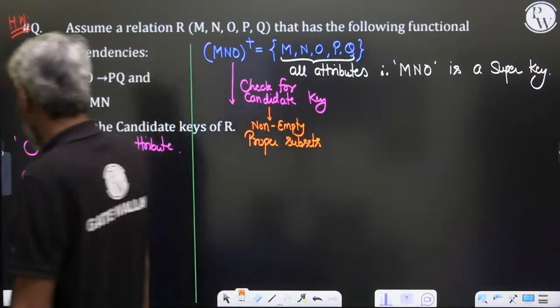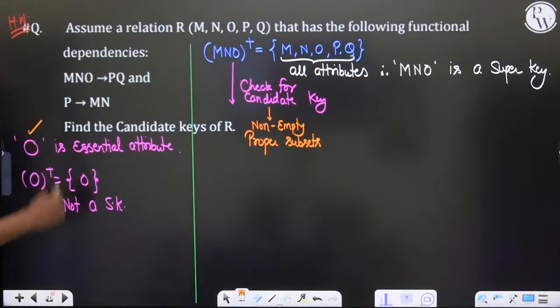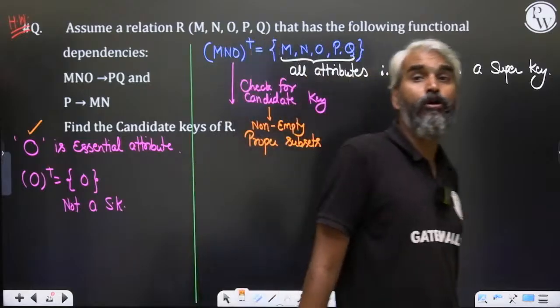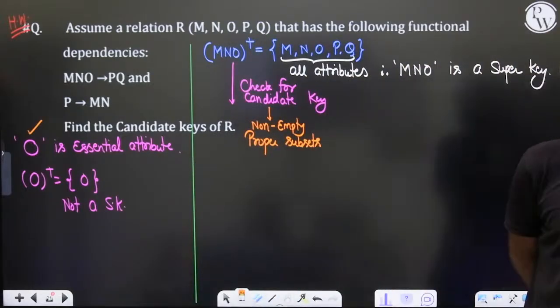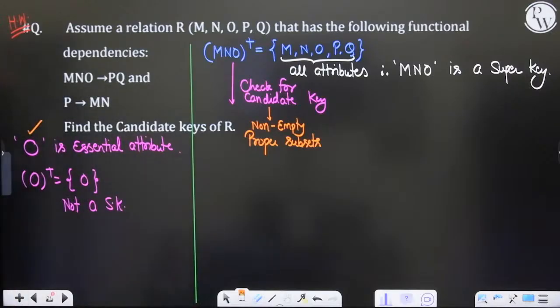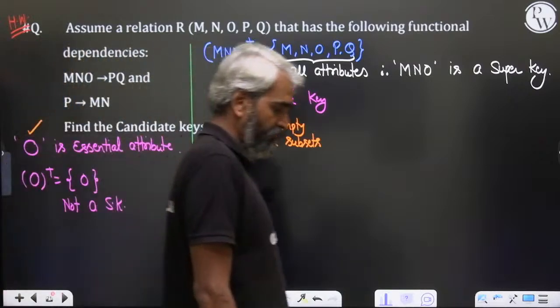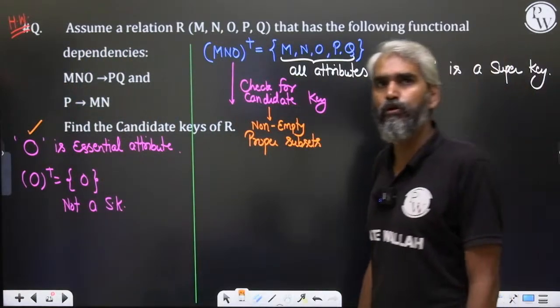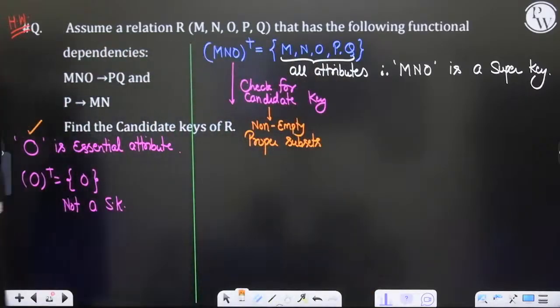No, sir. O is essential, therefore you don't need to check for proper subsets in which O is not present. Yes or no?